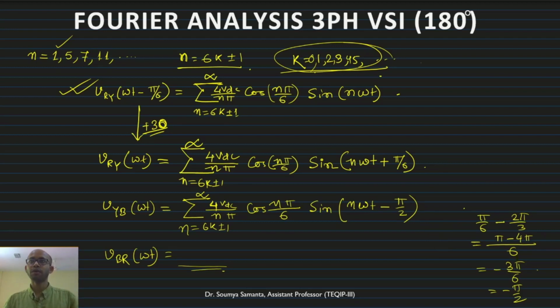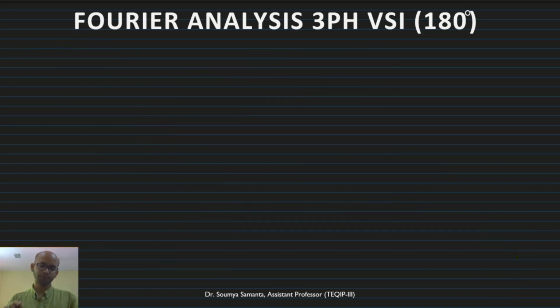Now if I talk about the phase voltage waveform, then what can we find out? Phase voltage means line to neutral. There are two ways we can find it out. One, we can draw the waveform and find the expression using Fourier analysis, as I have done.